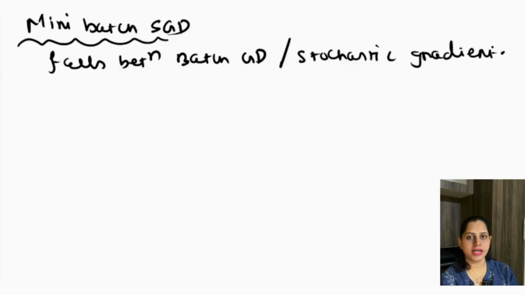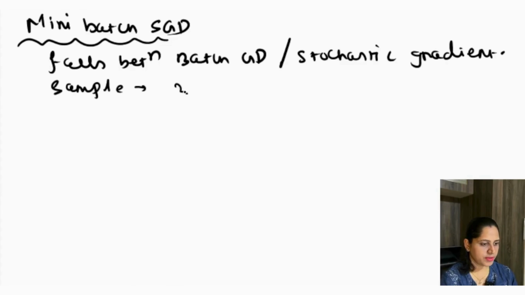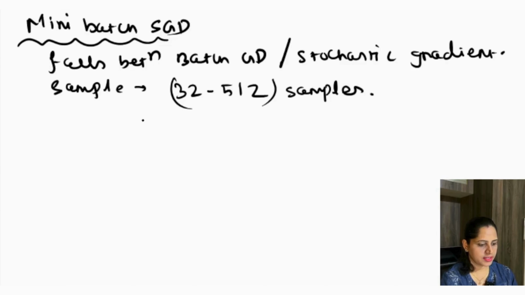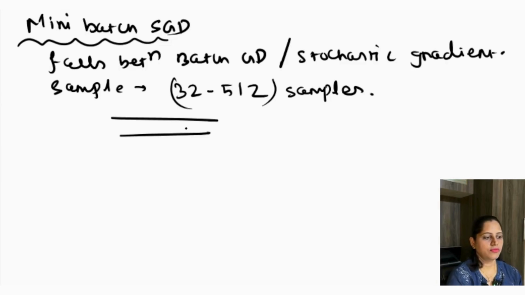Stochastic gradient descent takes one or a very few samples. So for mini batch, what could be the sample size here? Just imagine, the sample size could be between 32 to 512 samples it can consider at a time. So with this, we understood how gradient descent works, what batch gradient descent is, what the major difference is between gradient descent and stochastic gradient descent, and how mini batch stochastic gradient descent works.